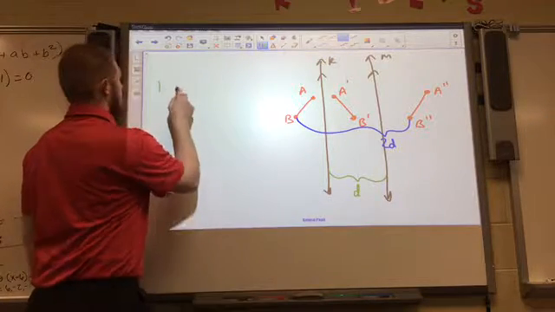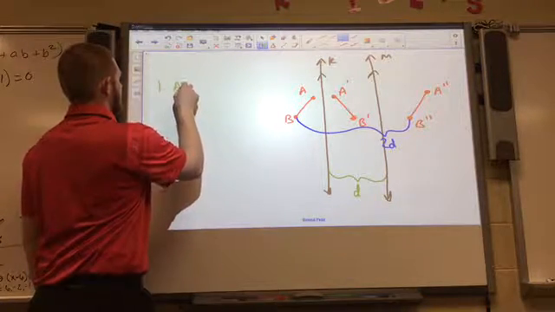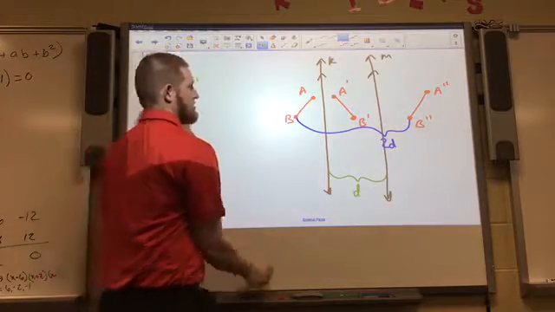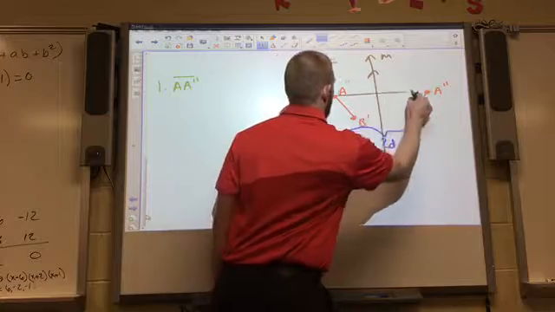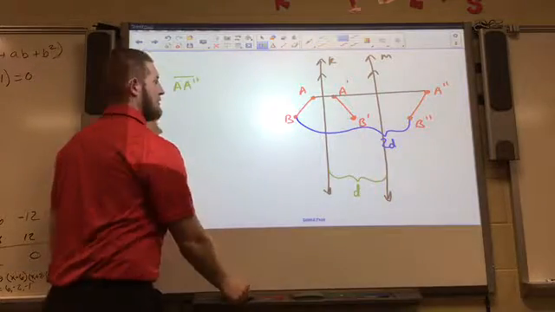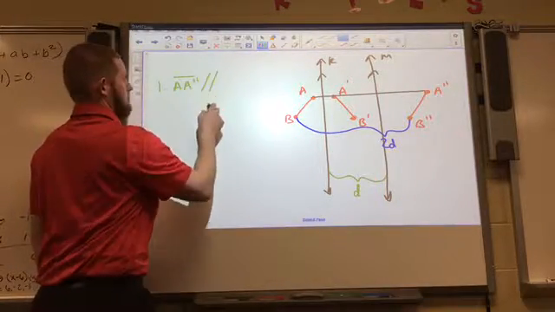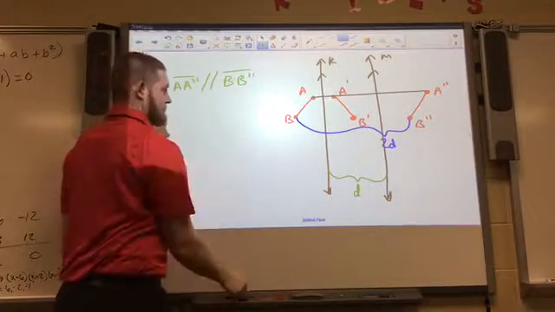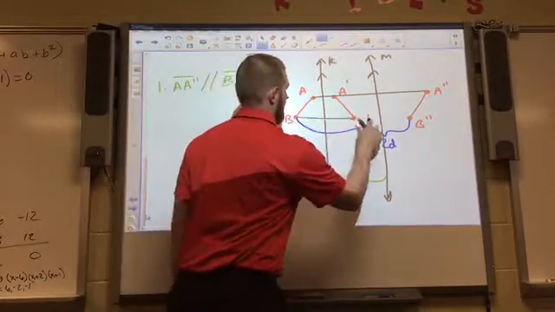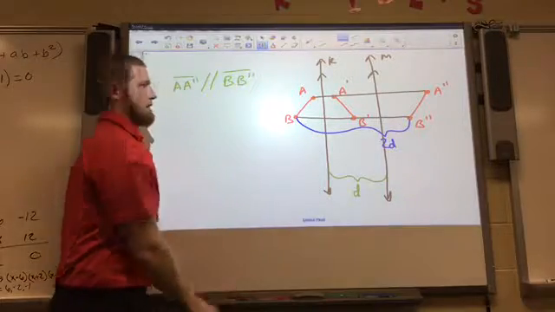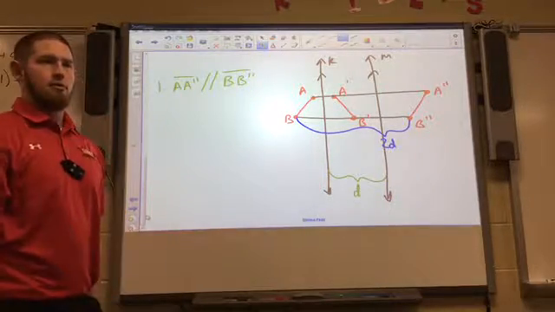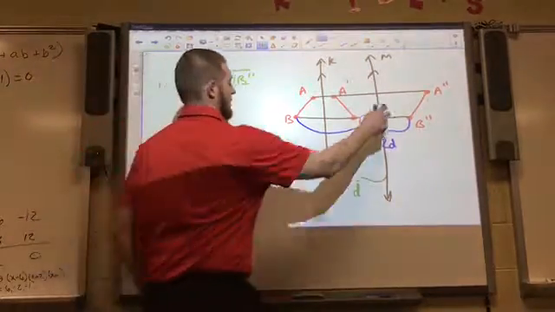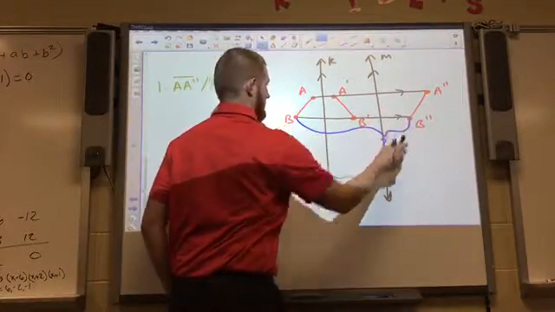The first thing is that A double prime, this segment right here, is parallel to B double prime. Which should be fairly obvious to you guys, right? If I'm just taking the shape and I'm shifting it, those two lines are going to be parallel to each other.